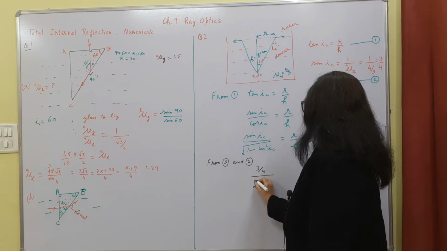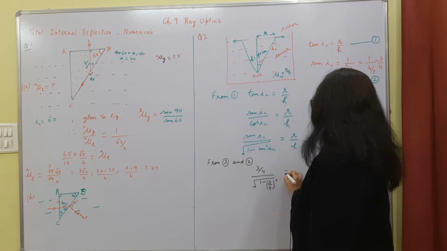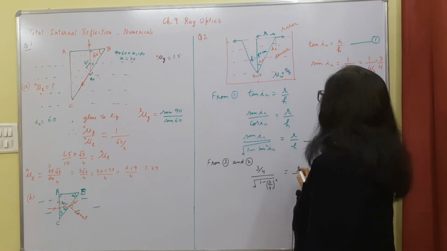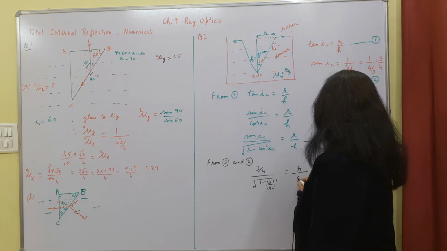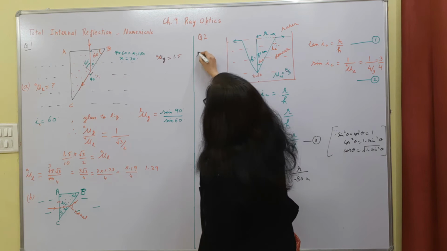And this is under root of 1 minus 3 upon 4 whole square is equal to, we don't know this R, and this H is how much? 80 centimeters. That means 0.80 meter. So here H is equal to 80 centimeter.